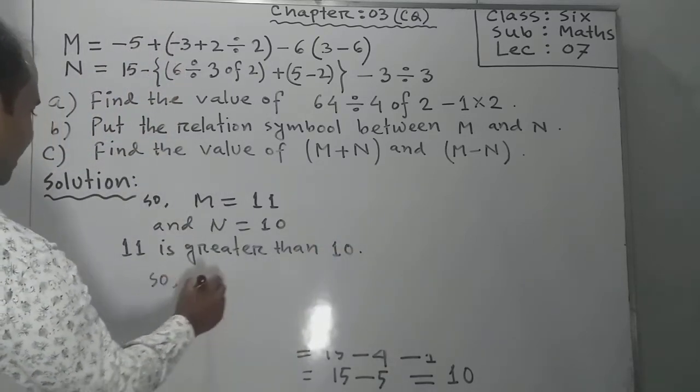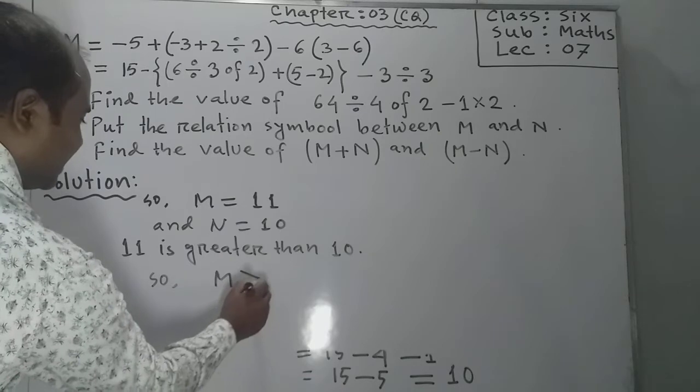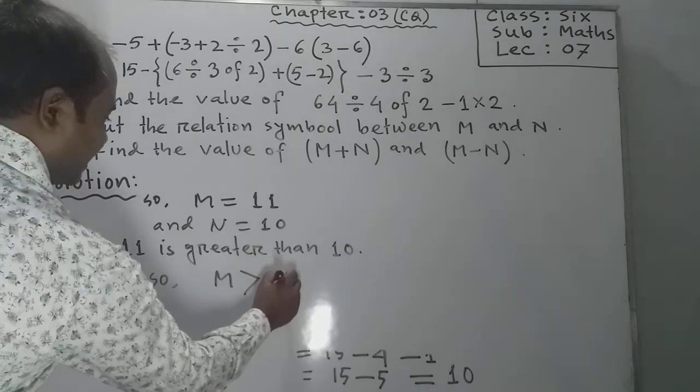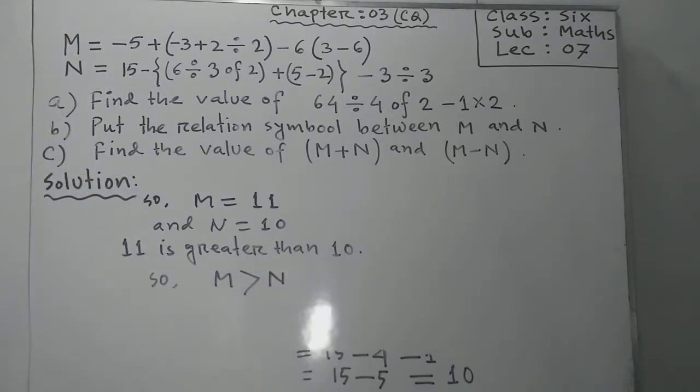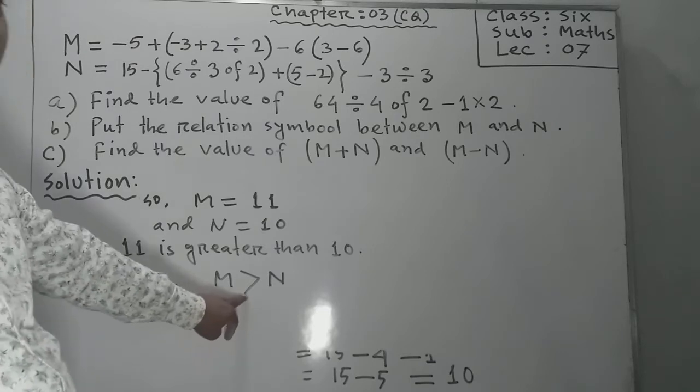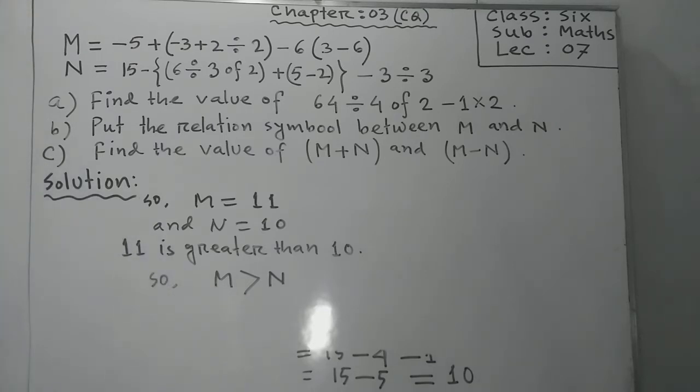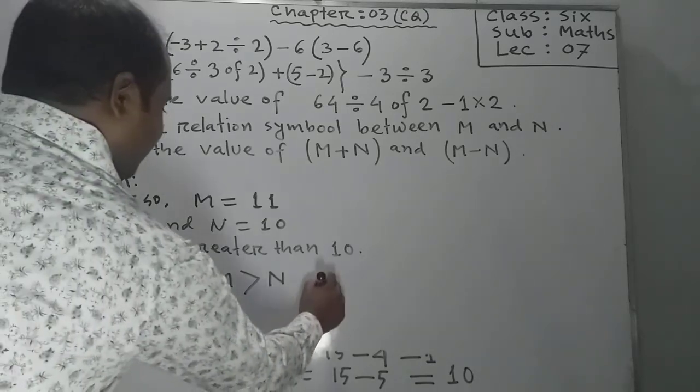So m is greater than n. This is the relation symbol between m and n. This is the answer.